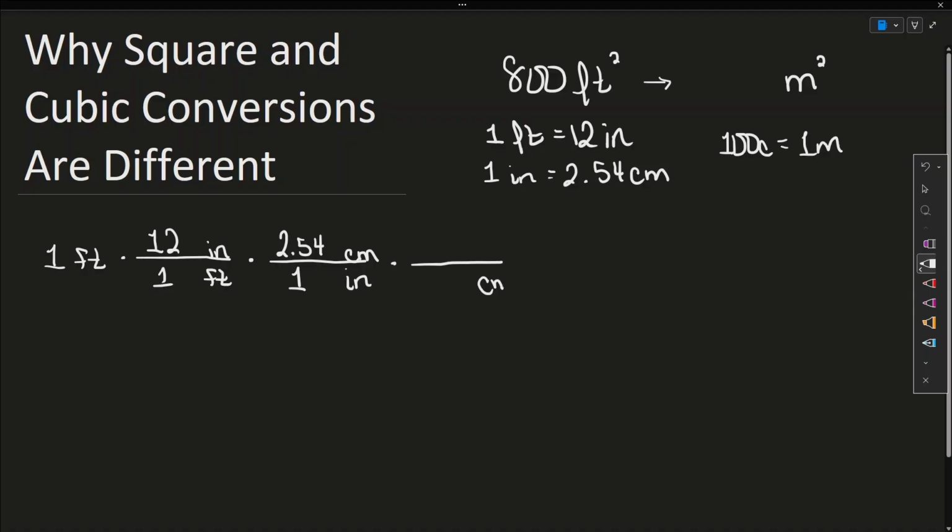We then put centimeters on the bottom and meters on the top. We have 1 meter is 100 centimeters. And we can work this out. When we do, we get that this is about 0.3048 meters. And that's for a single foot.